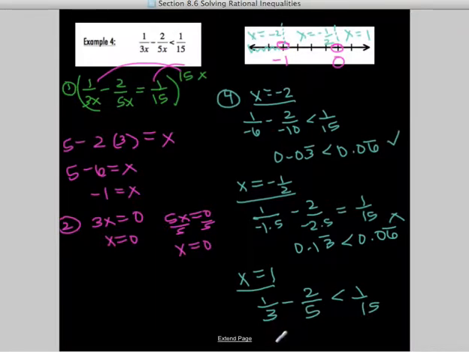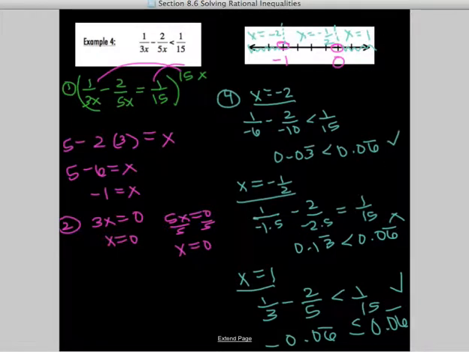I get negative 0.06 repeating. And if I type in 1 divided by 15 on my calculator, I get 0.06 repeating. So this one is negative, so since it's negative, it is less than, so it does work. So we check shade there.